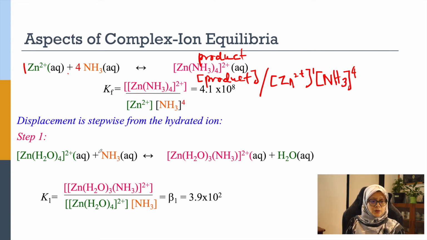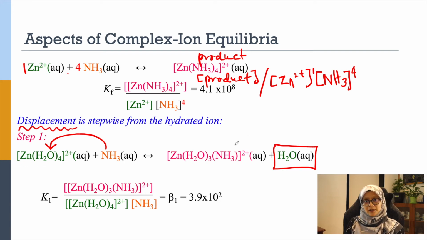So this NH3, or ammonia, will replace one H2O from the 4 H2O. It will become Zn(H2O)3(NH3) 2+, and it also removes one H2O. This is where we have a displacement.